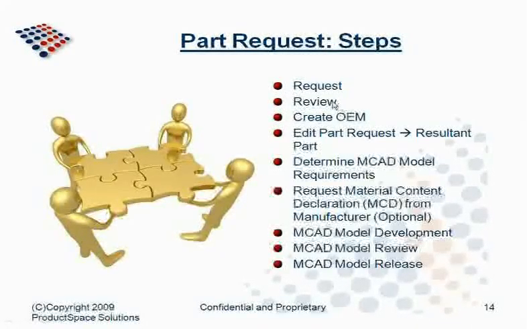Once that's approved, that task is marked as approved in Windchill, and the task goes back to the originator of the request to create the OEM part for the system. Once that part is created, a new task is set out to attach this resultant part to the manufacturer part, the supplier part, that was created that launched this whole request.